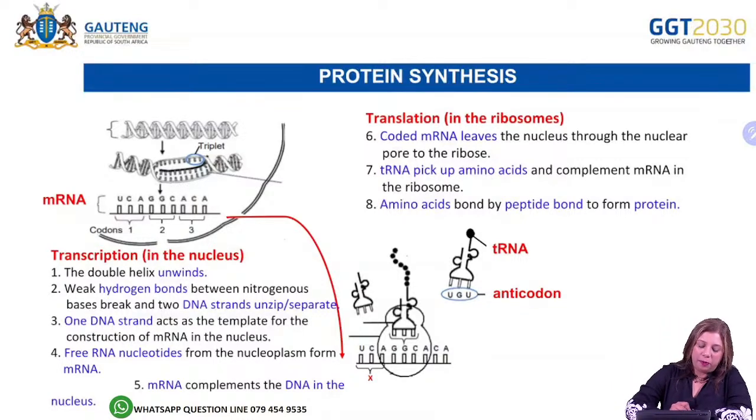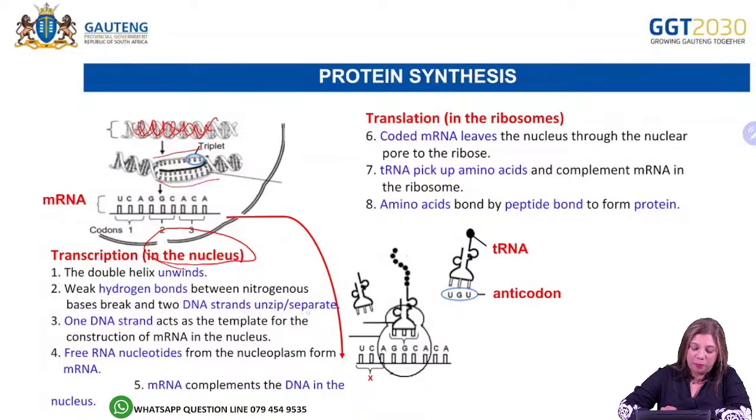Now, the first phase of protein synthesis is transcription, and it takes place in the nucleus. So let's look at the diagram. The double helix unwinds. There's your double helix, can you see? Okay, and it unwinds. The weak hydrogen bonds between the two nitrogenous bases break and the two strands unzip or separate.